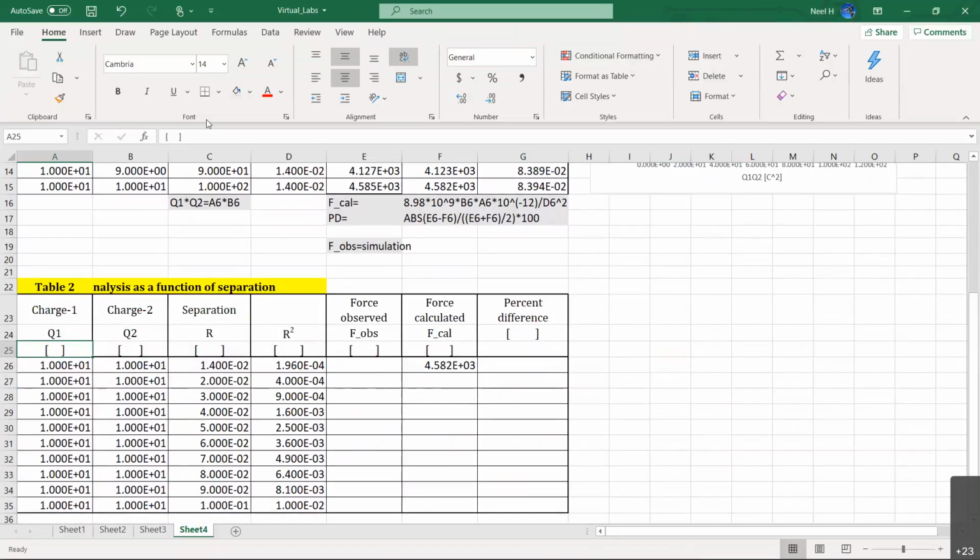And again, Q1 is in microcoulombs, which means there should be 10 to the negative 6 power here, in Coulomb units. Q2, 10 to the negative 6 in Coulombs, and then R in meters.